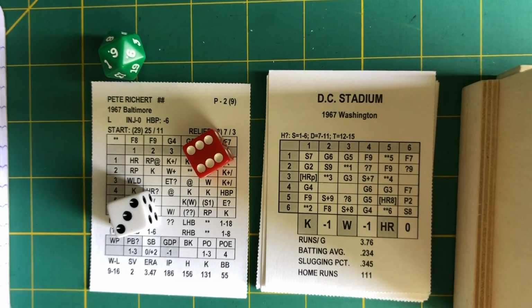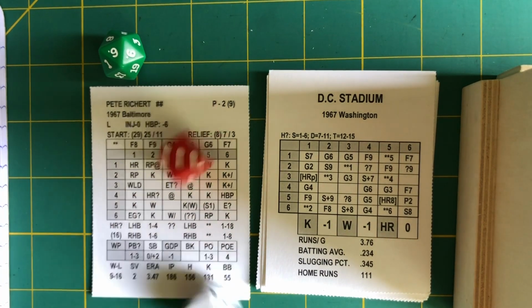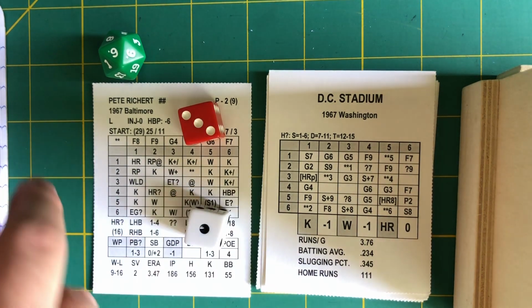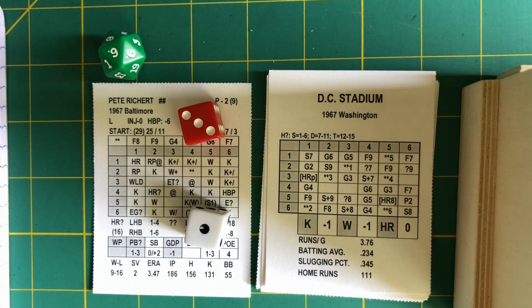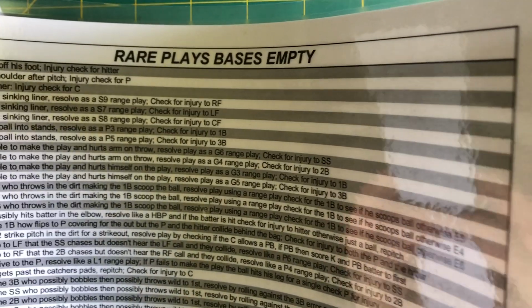Now, there's a rare play chart that I can't quite squeeze into the picture, so you're going to have to trust me on this one. A 31 on the rare play charts. Nope. Sorry. Gotta look on the side that says bases empty.